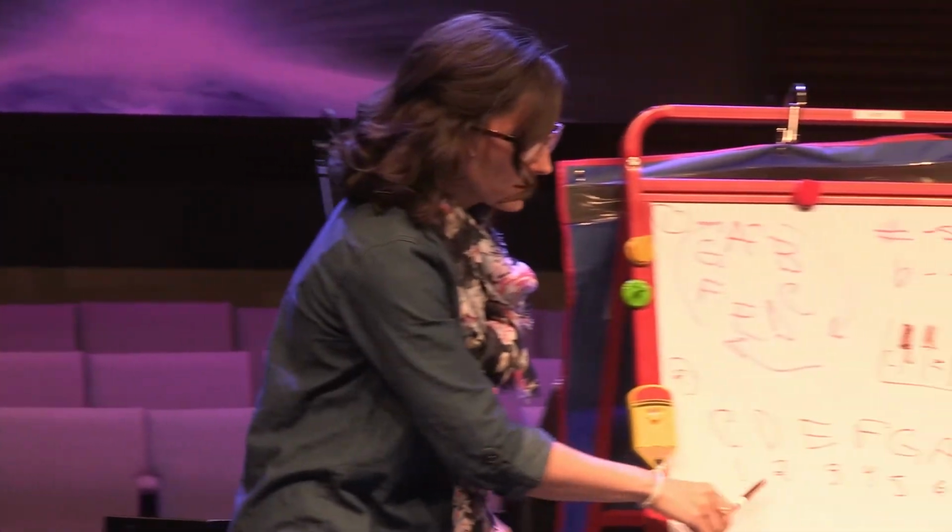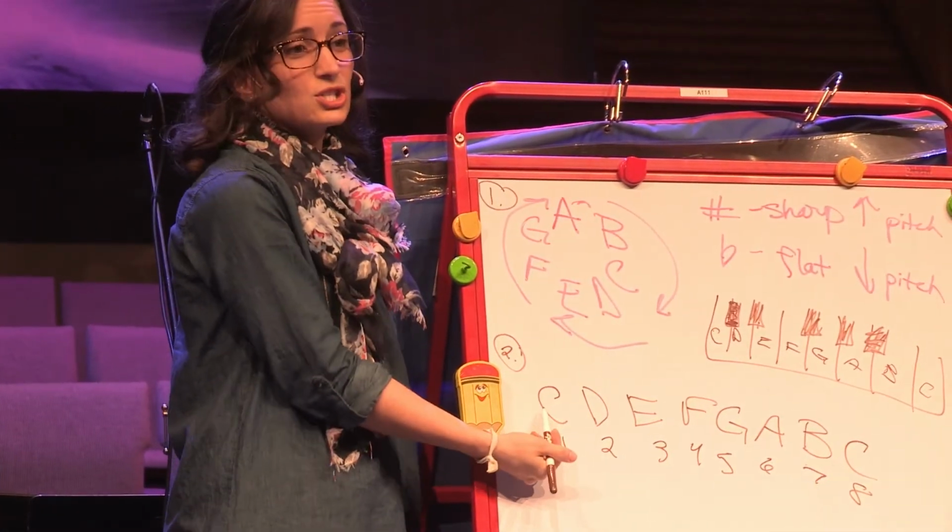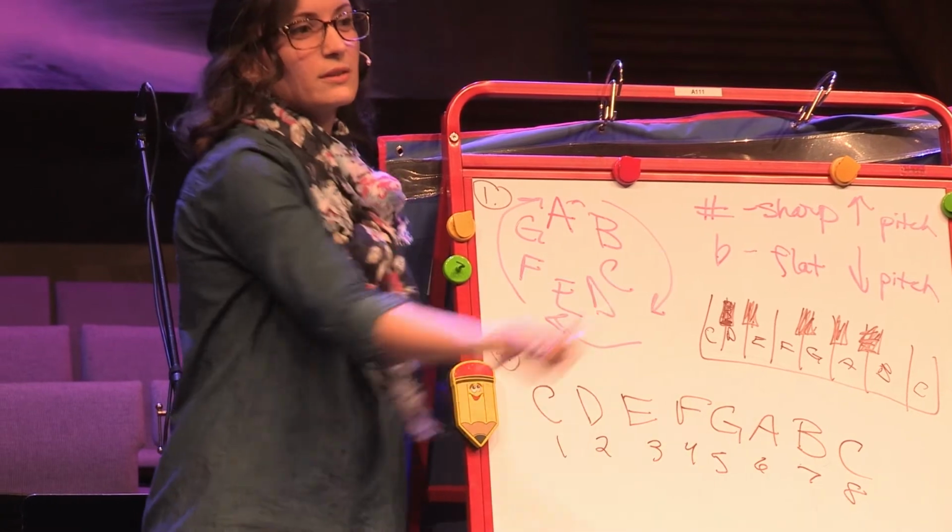And we use the numbers because if I want to start on G, we don't have to try to figure out all the different letters. It's the same relationship. I'll do it in the key of G now. See, it's still 3, 2, 1. Even if I change what the note names are, it's always the same pattern that we can recognize with our ears. That's why we use numbers. The numbers talk about the relationship. 3, 2, 1 is always going to sound like that no matter what note on the piano I start on.